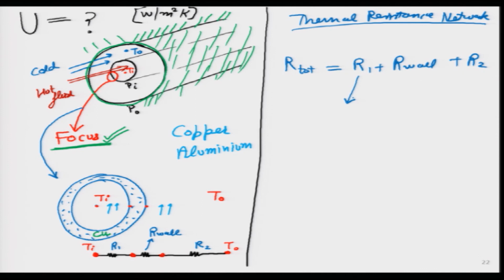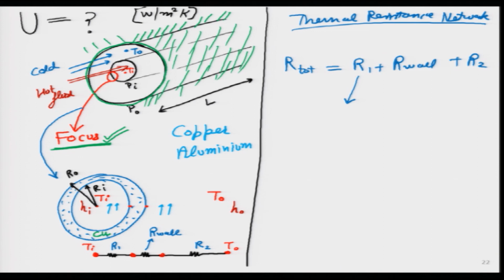If I want to talk in terms of R1, I add certain parameters in addition to T1: I know the heat transfer coefficient inside is Hi and outside it is Ho. In addition, I know the geometry of this particular copper tube, in such a way that the inner radius is Ri and the outer radius is Ro. The length of this particular pipe is L.